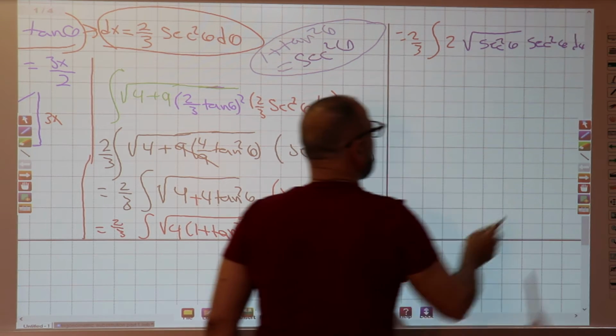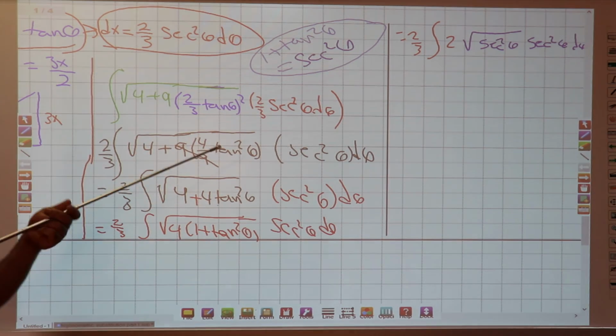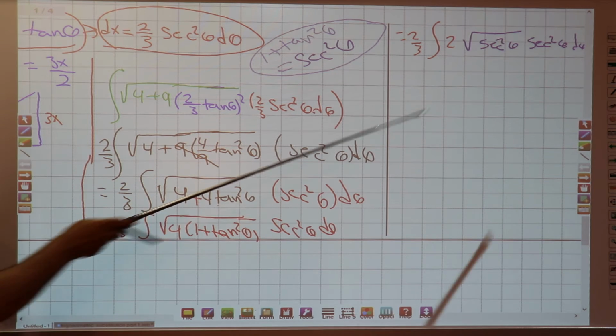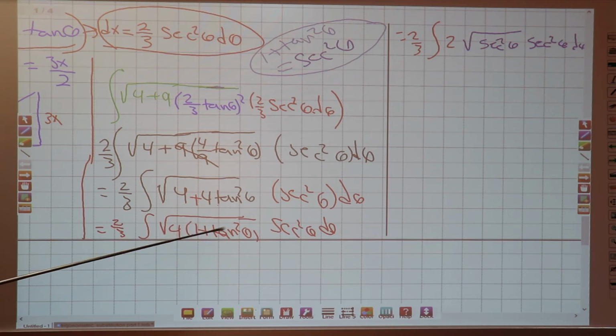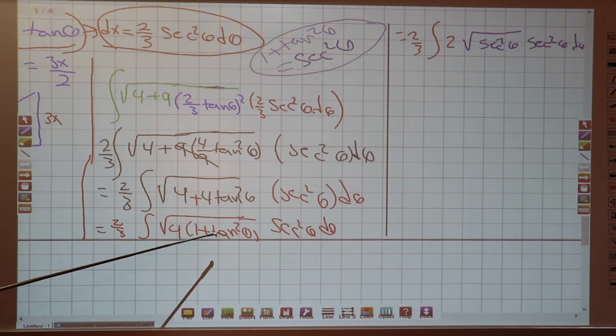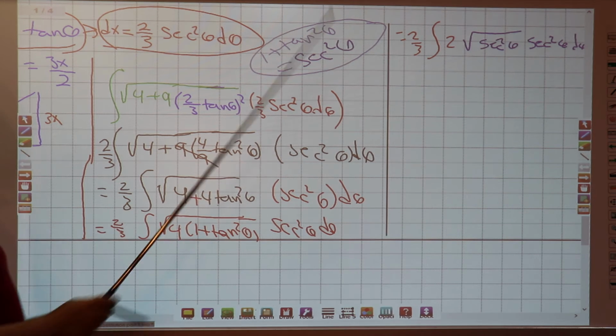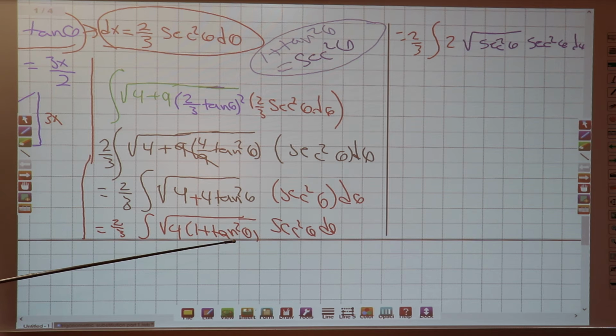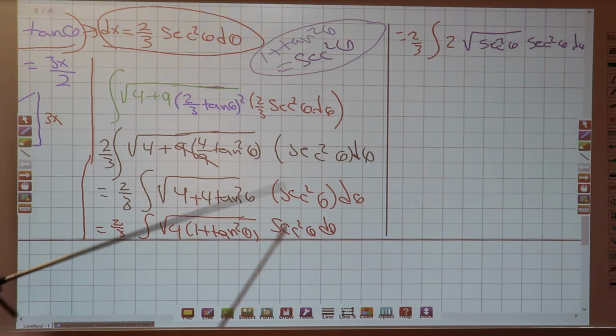Okay, I have 2 secant square theta. The first secant square theta comes from 1 plus tan square theta. 1 plus tan square theta equals secant square theta. And the second secant square theta comes from the derivative of tan. Here, the derivative of tan is secant square.